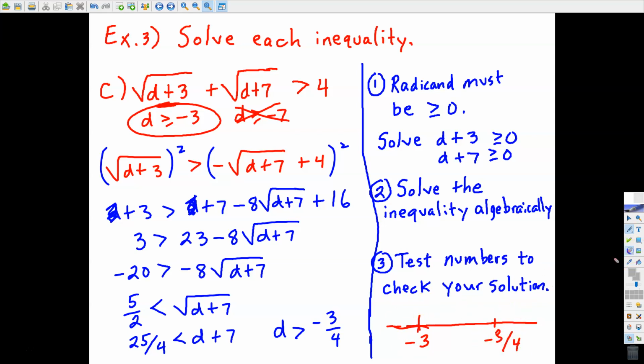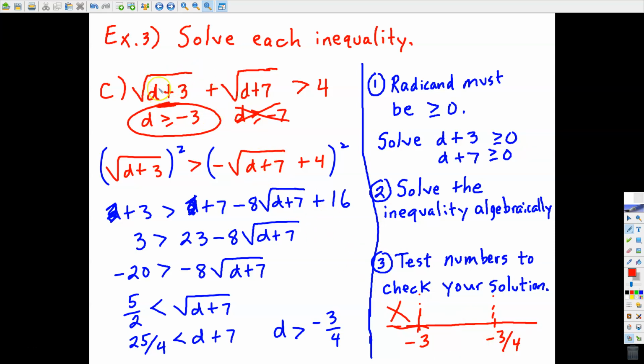Okay. So there's no reason to pick any numbers to the left of -3, okay? Because I've got to make sure that this holds true. So now I'm going to pick something in between, some number in between -3 and -3/4. Doesn't really matter what it is. Let's just try -1, okay?